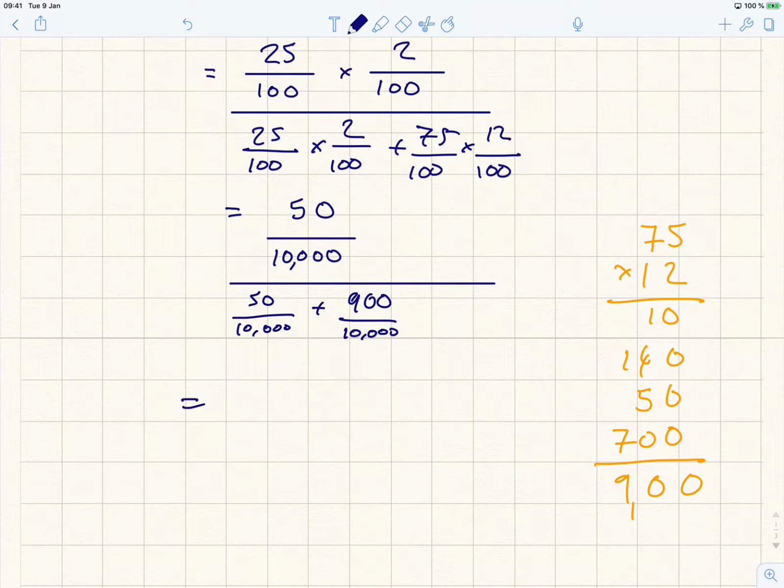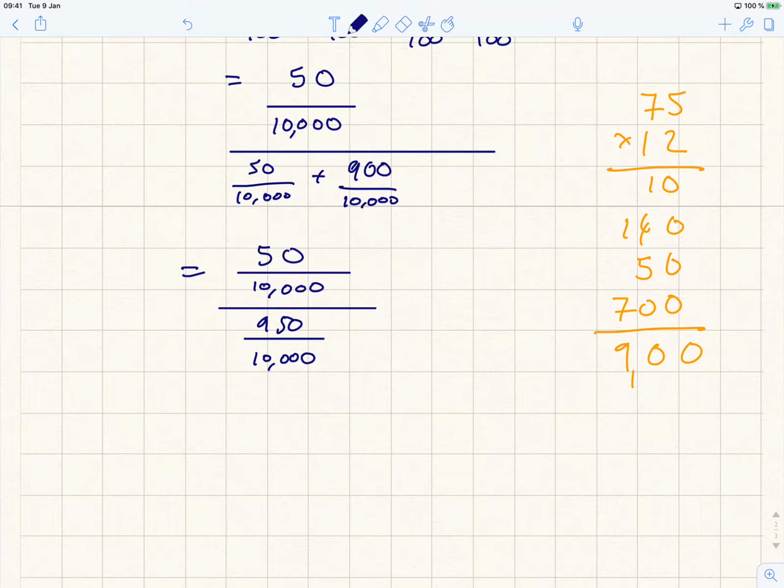So what we've now got is 50 over 10,000 over 950 over 10,000, and what we can do is the 10,000s cancel.